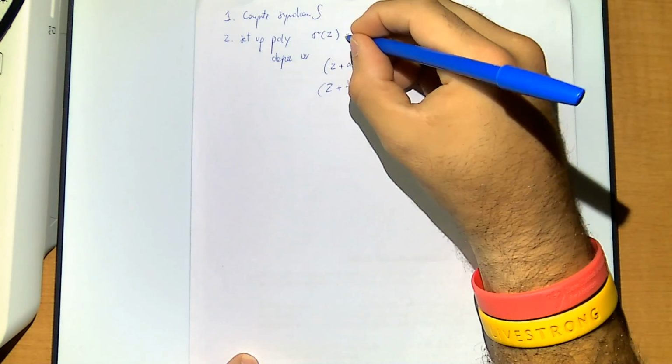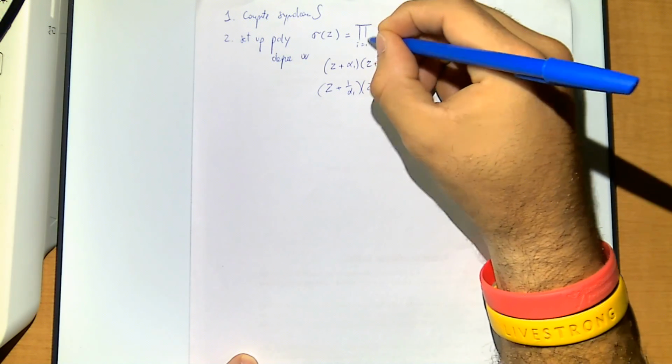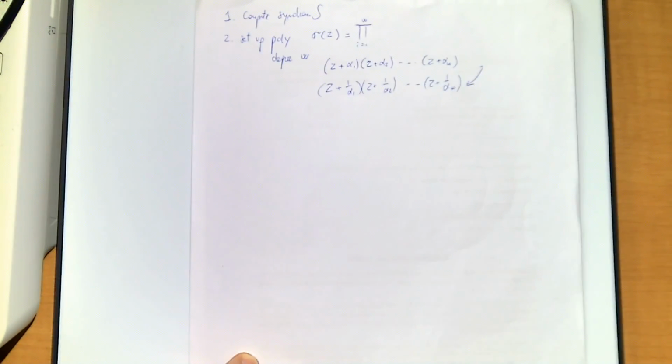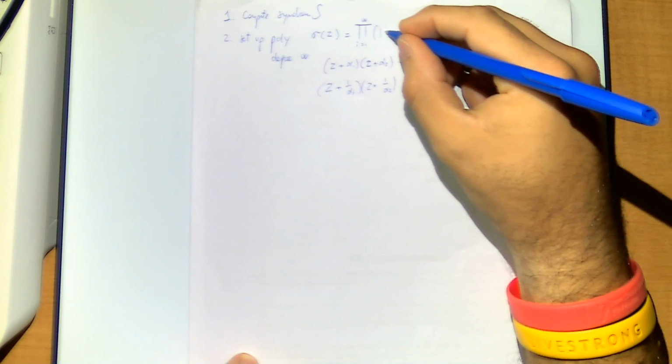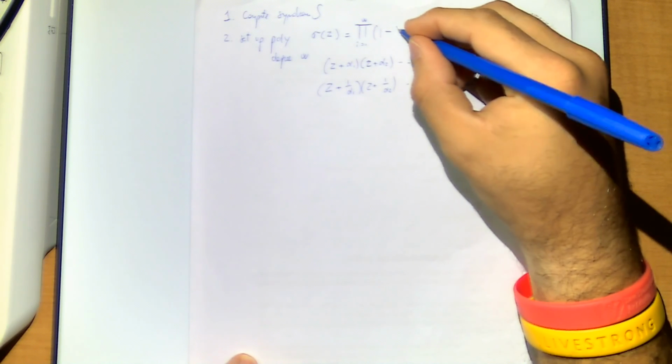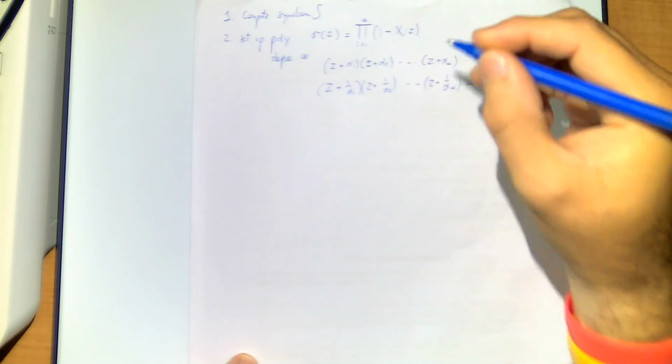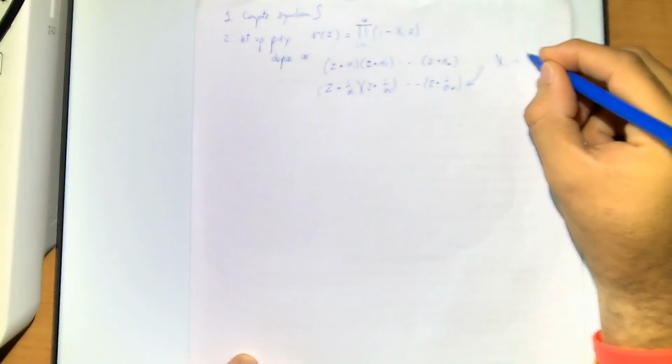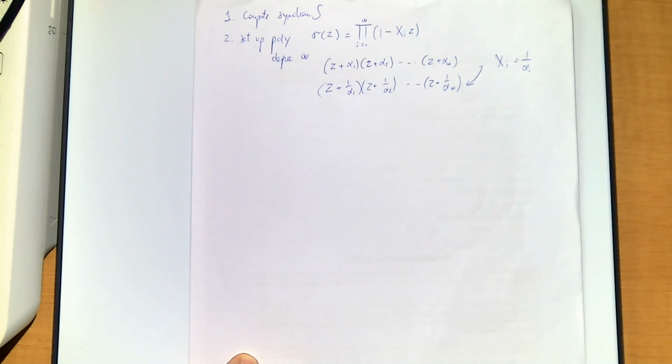We can write this compactly as the product from 1 to w of (1 minus xi z), where xi is exactly 1 over the alpha i that I'm looking for.